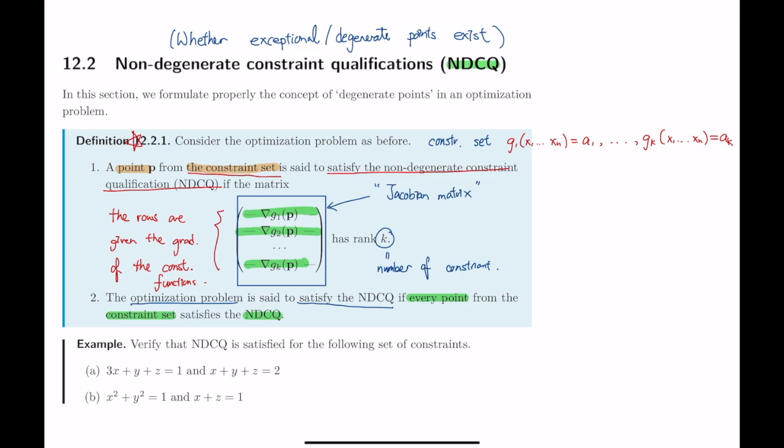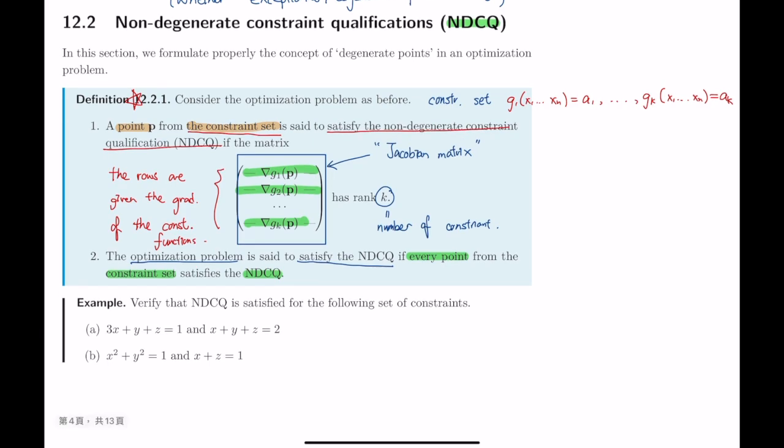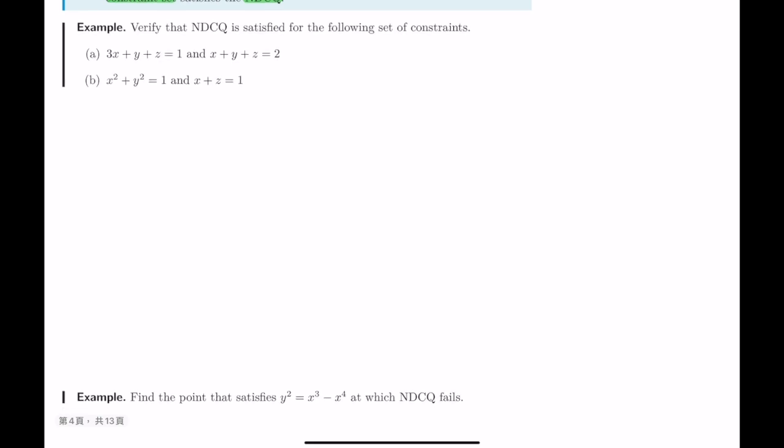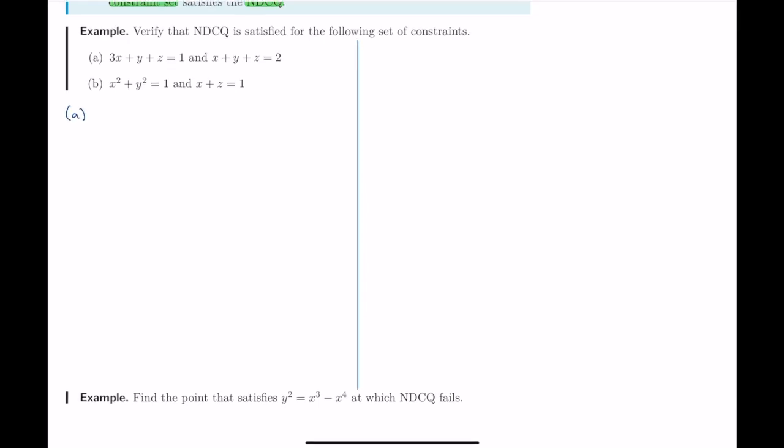Examples would be much more helpful for you to understand what NDCQ means. So let's look at this. Verify NDCQ is satisfied for the following sets of constraints. I give you two sets of constraints, A and B. Firstly, part A. We're given two relatively easy constraints: 3x plus y squared equals 1, and x plus y squared equals 2.